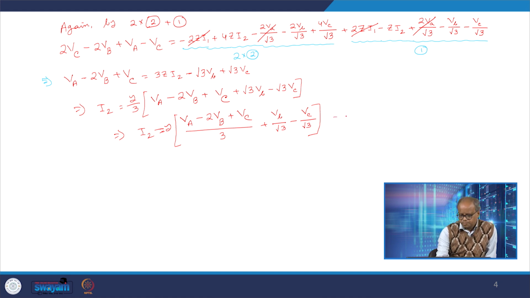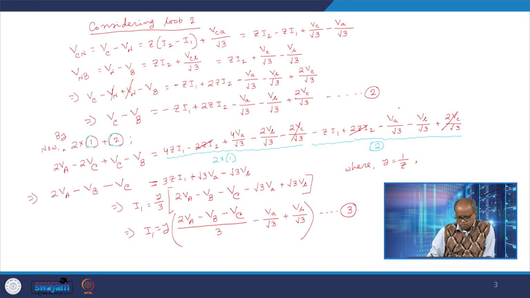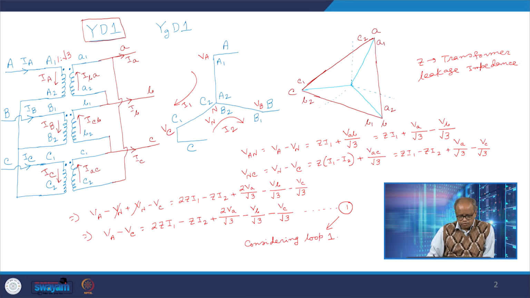So you have got the expression of I2. So we have solved these two equations, and so we have solved for the currents I1 and I2. Now from these currents, if we look at this diagram, the current here is I1, this is IA.